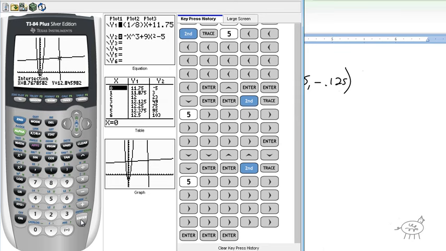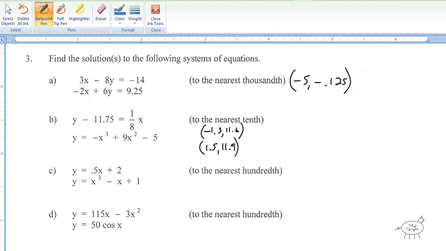And there we go, 8.8 and 12.8. Let's write that out. Solution 8.8 and 12.8. There we go. Those are our 3 solutions to that system of equations.